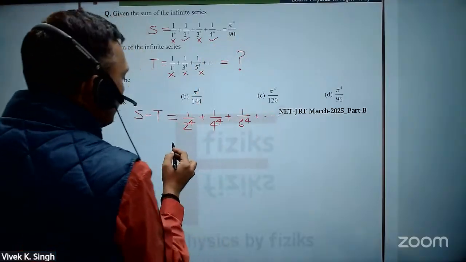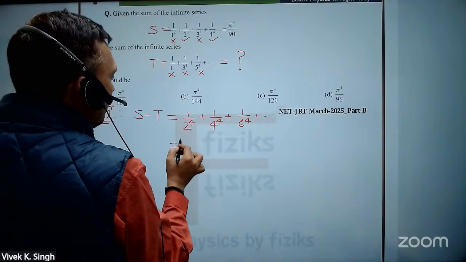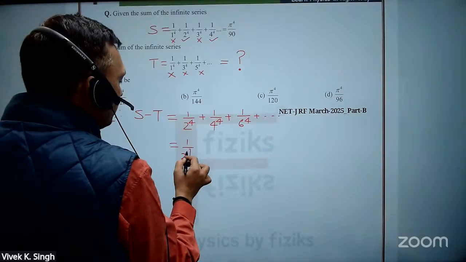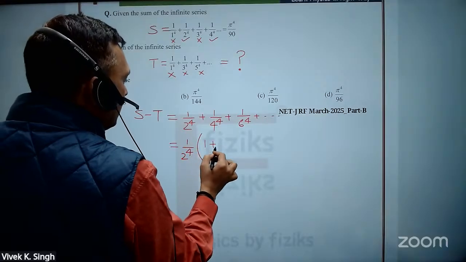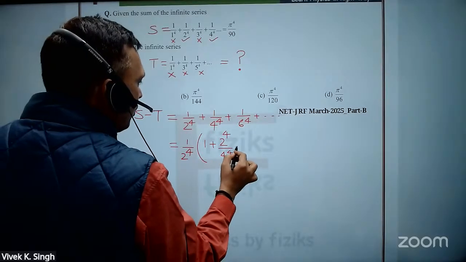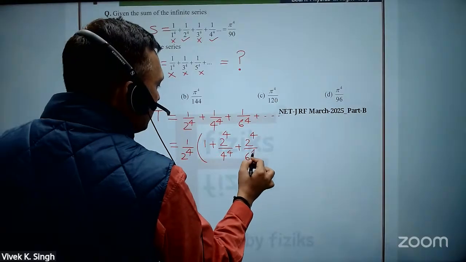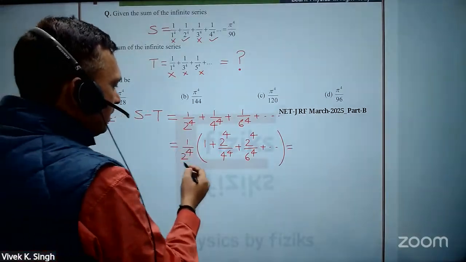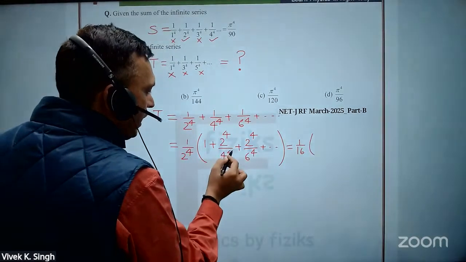So now you can see we have calculated S minus T. Now, 1 by 2 power 4 is common. So this is 1 by 16, and this becomes 1 plus 2 power 4 by 4 power 4 plus 2 power 4 by 6 power 4 plus and so on. Now this will be 2 power 8.